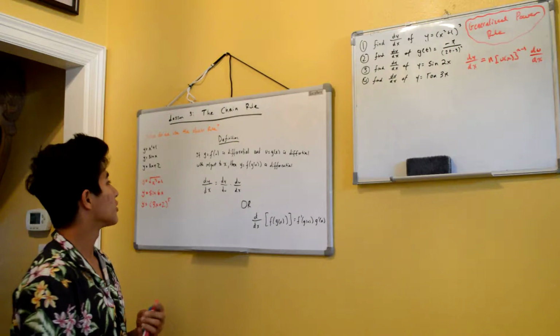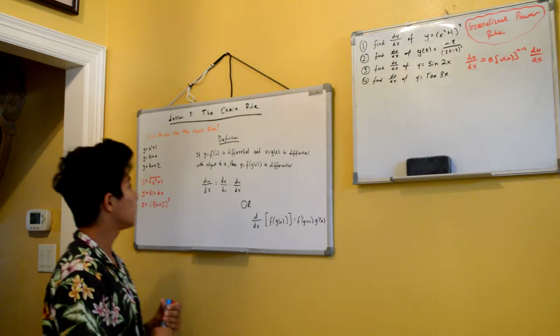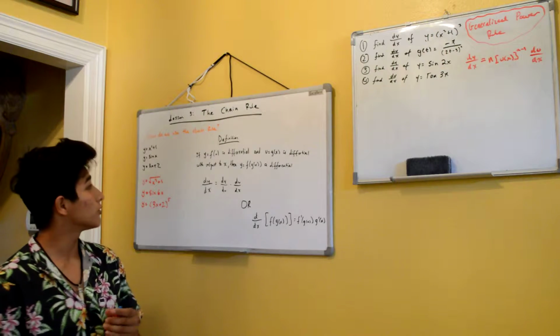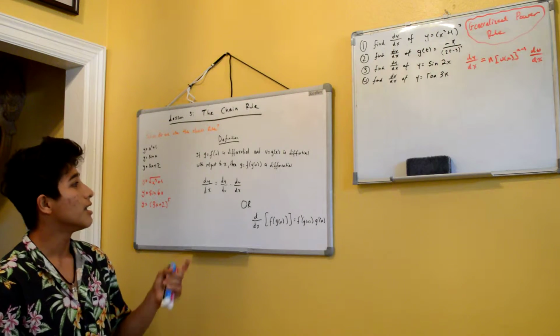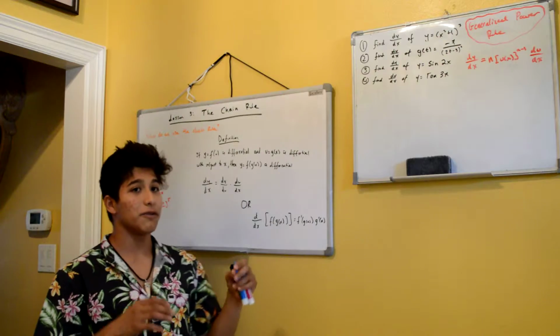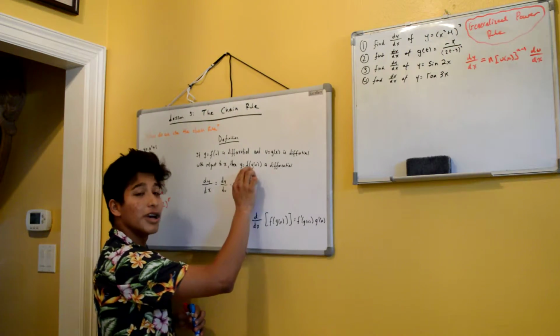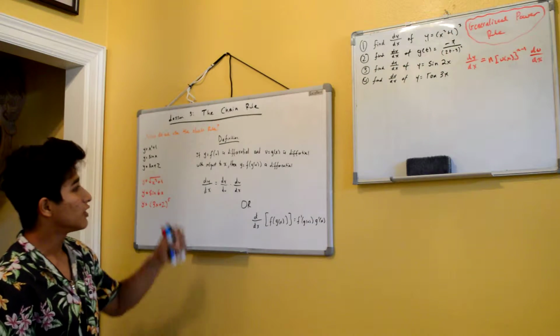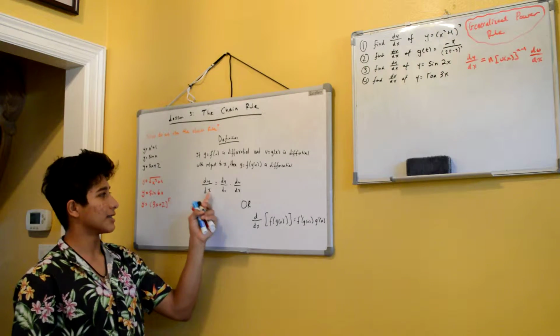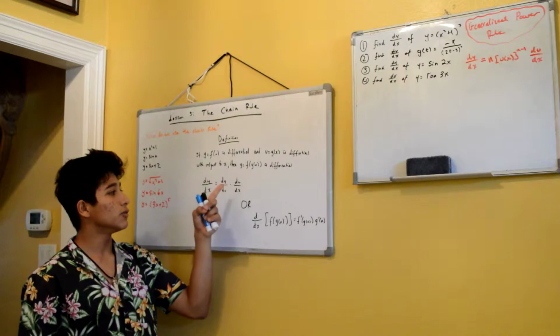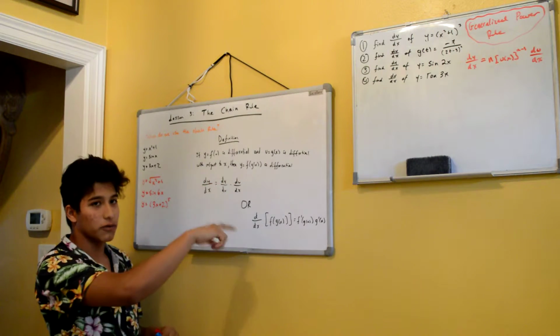So the definition. If y equals f of u is differentiable, and u equals g of x is also differentiable with respect to x, then y equals f of g of x is differentiable. Remember, this is the composite form. We learned this in pre-calc. You can write this like this: dy over dx is equal to dy over du times du over dx.